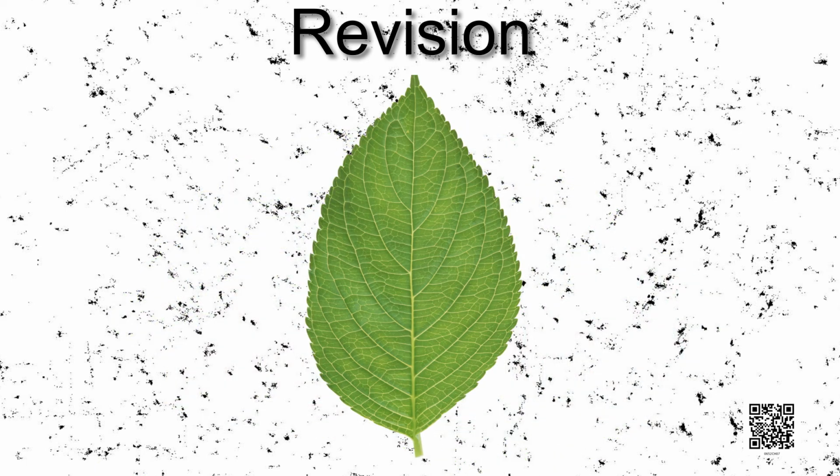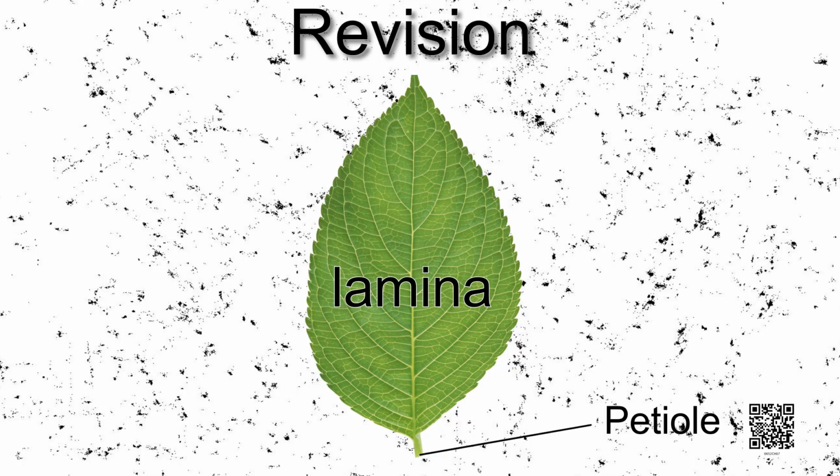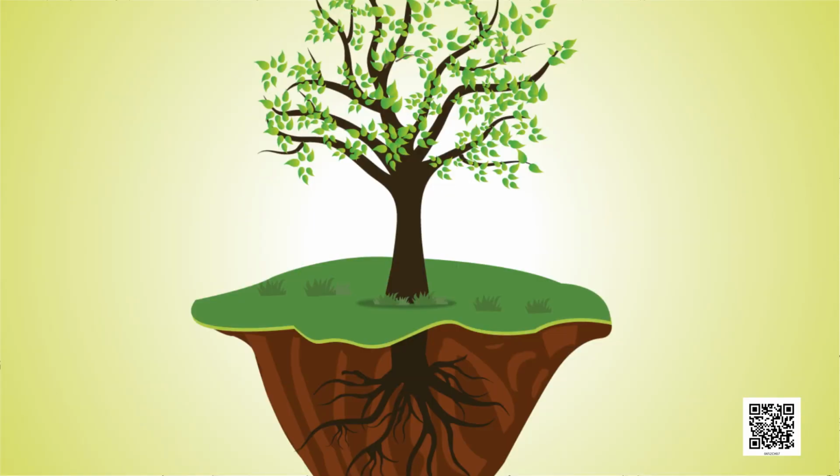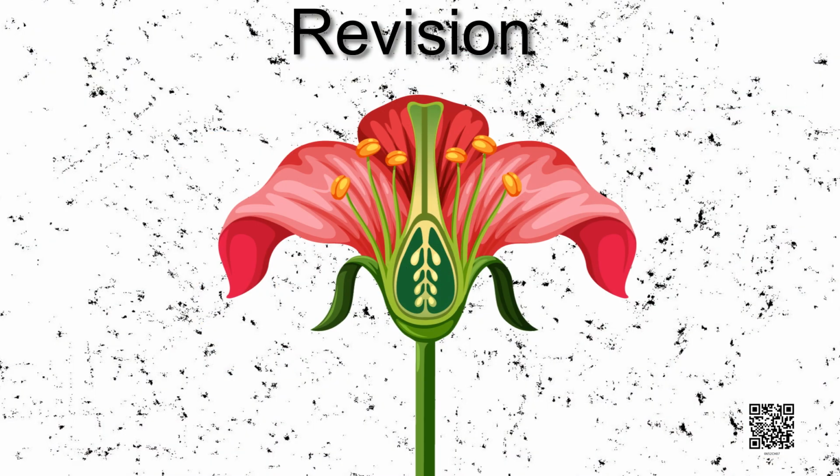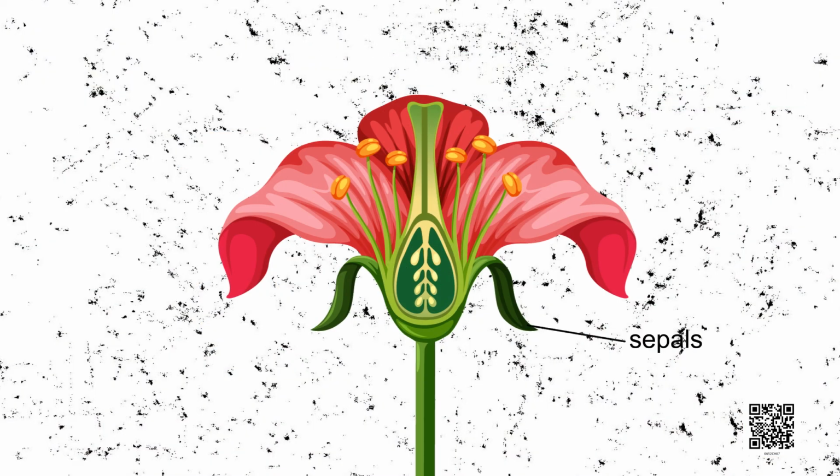The part of the leaf which attaches it with a branch is called petiole, and the flat green part of the leaf is called lamina. Plants absorb water and minerals from soil through roots. Roots are of two types, taproot and fibrous root. The different parts of a flower are sepals, petals, stamen and pistil.